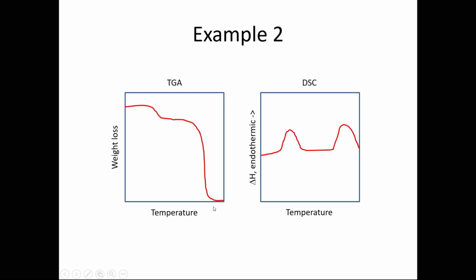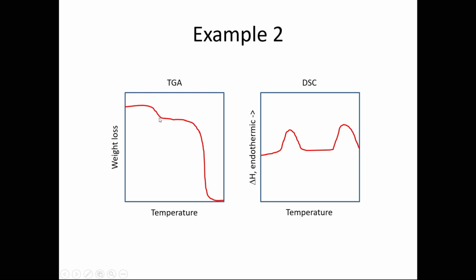Next example. On example number 2, we see that TGA shows us two thermal events. One happens here and another one happens there. So it's a two-stage decomposition process.